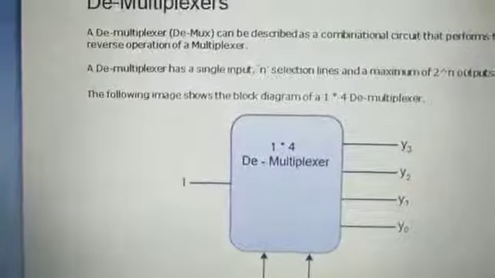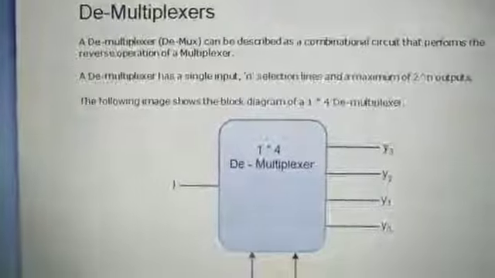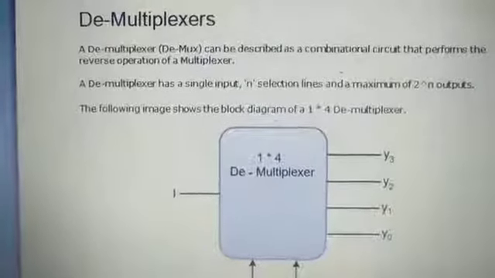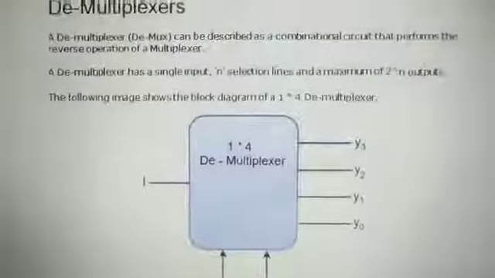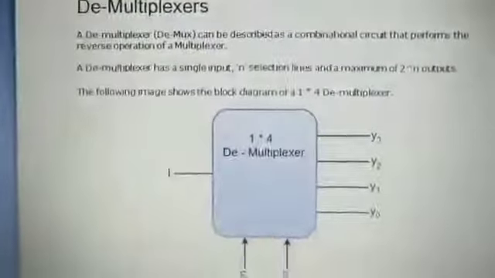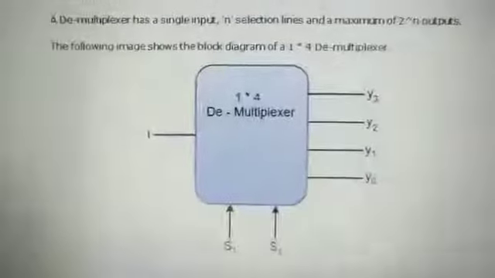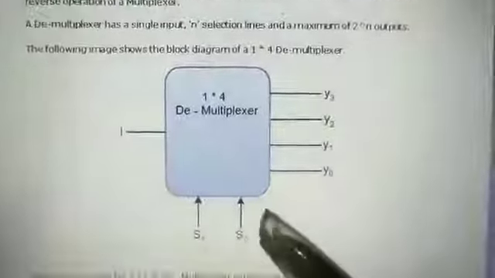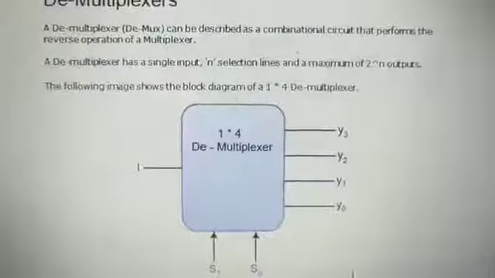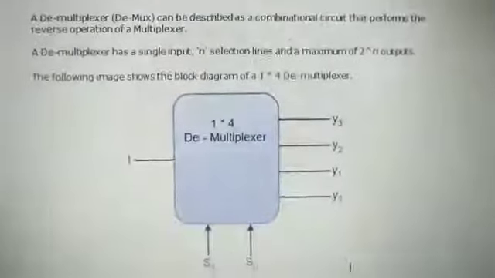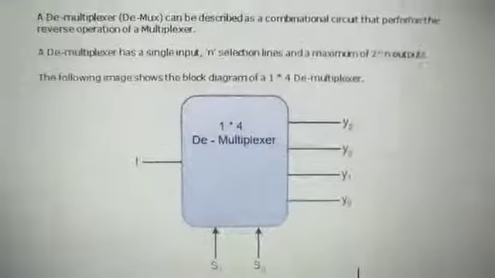From this block diagram, we are able to identify that this circuit has one input signal, that is I, and M select signals. Over here, M value is 2, S0 and S1, and N number of output signals. Over here, N value is 4, Y0, Y1, Y2 and Y3.